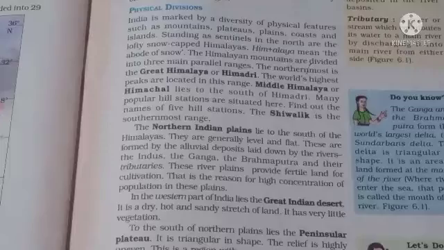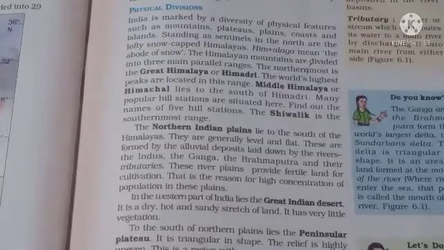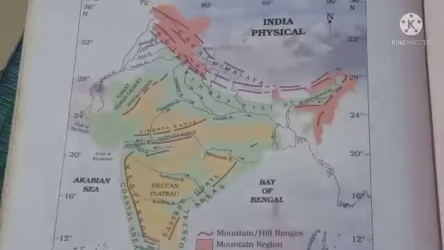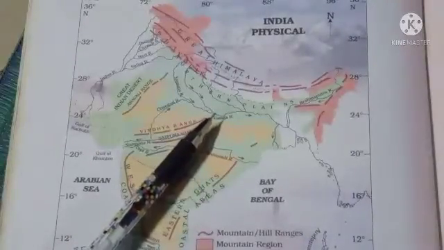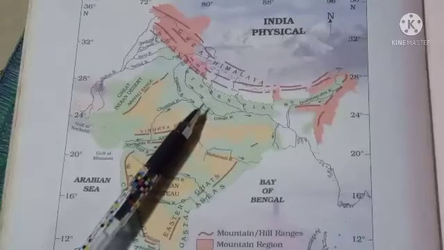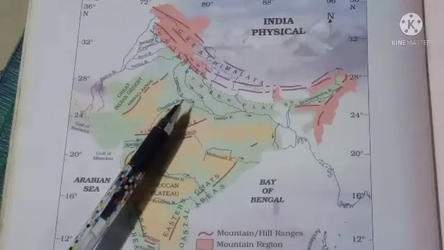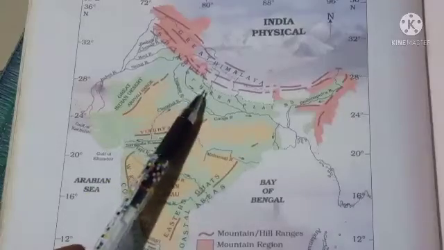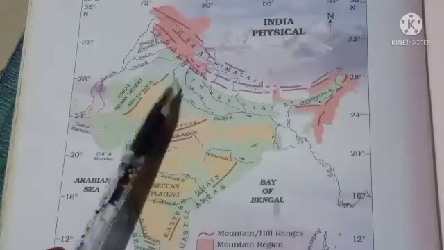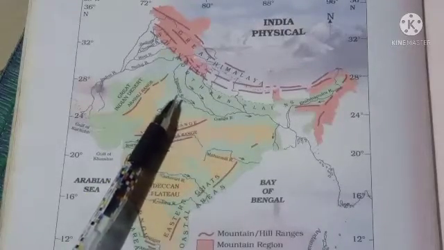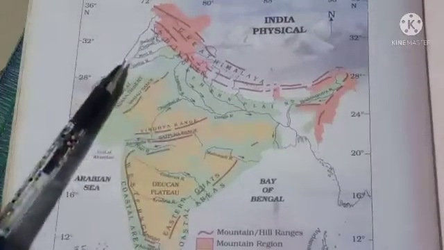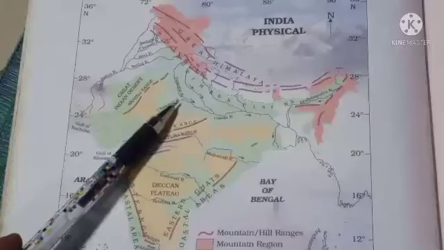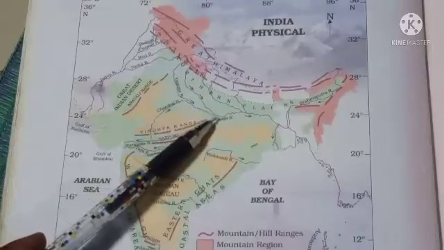The northern plains lie south of the Himalayas. We can see here in the foothills of the Himalayas the northern Indian plains. The plain is level and flat. This is formed by the alluvial deposits laid down by the rivers Indus, Ganga, Yamuna and Brahmaputra.